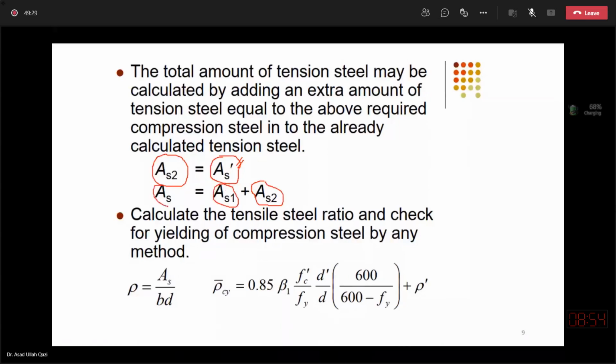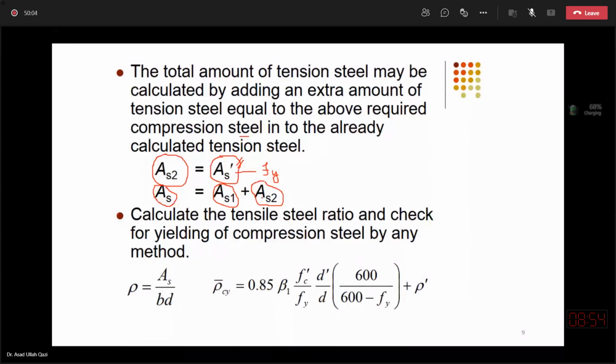But don't forget, in this calculation of As prime, we assume that the compression steel is at yield. So the total amount of tension steel may be calculated by adding an extra amount of tension steel equal to the above required compression steel to the already calculated tension steel. Now the stage comes to check whether our assumption of compression steel yield is right or wrong.